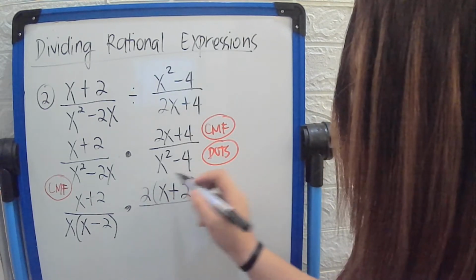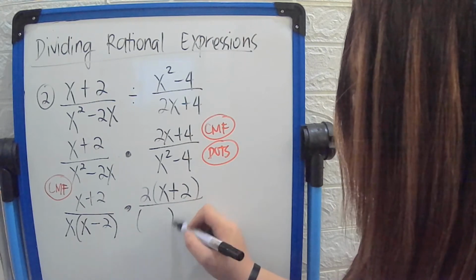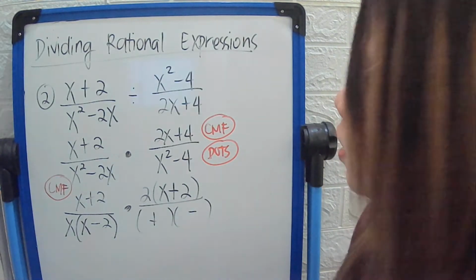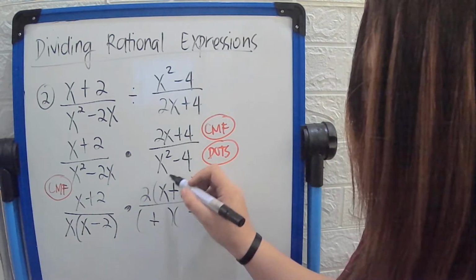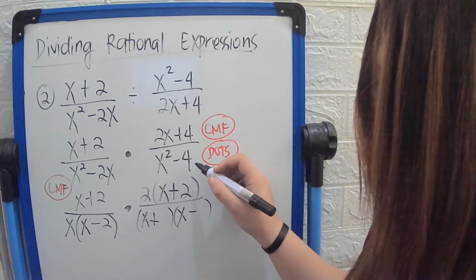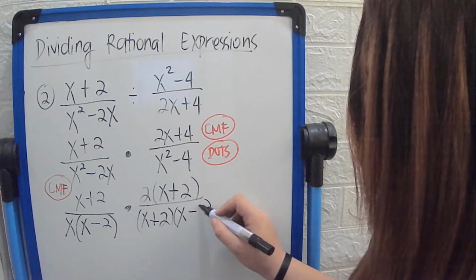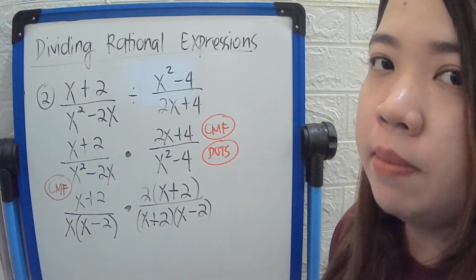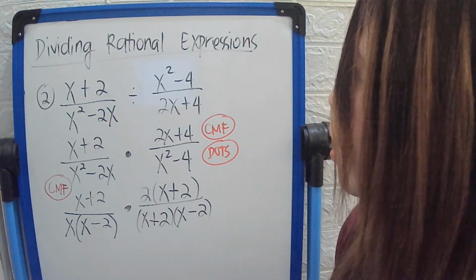All over, using DOTS, you must have pairs of parentheses with plus and minus. Now, we get the square root of x squared, which is x, so you put x here. Then the square root of 4 is 2. So after applying all the factoring methods is the time that we should eliminate.